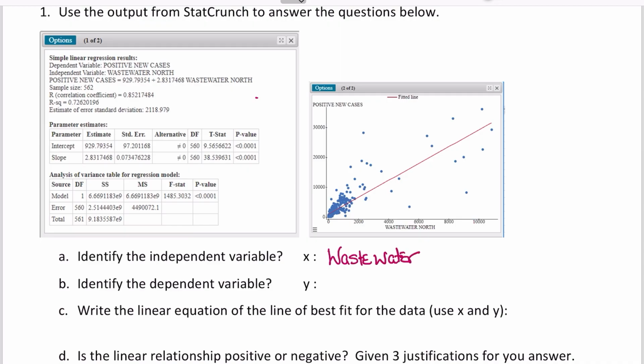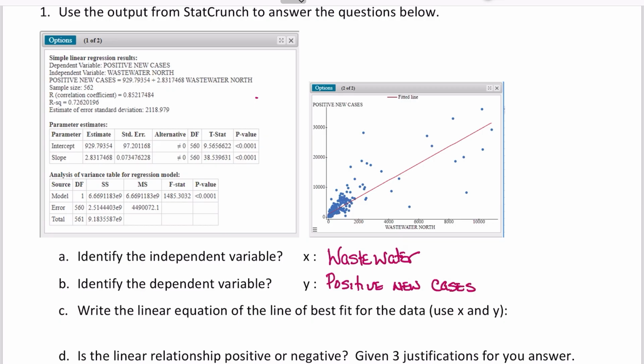And the dependent variable would be the positive new cases. Because here's the deal. If they can find a correlation between those two, then all they have to do is measure the wastewater, and that gives them a good prediction of how many positive cases are in the city. So that's why they ran this test.